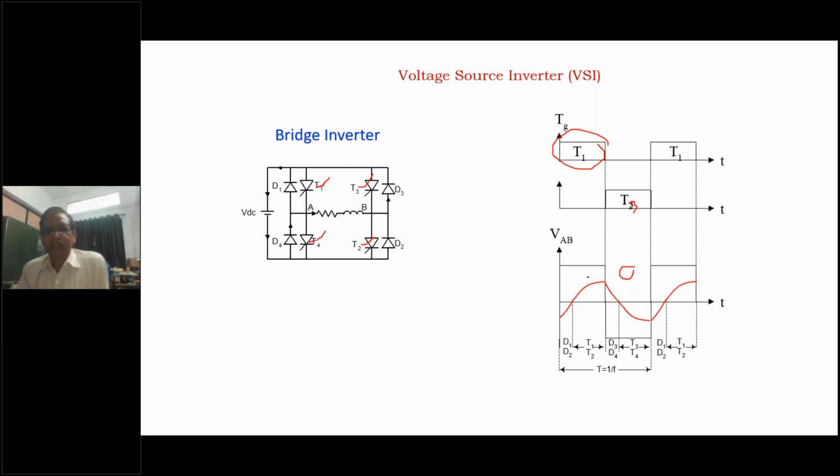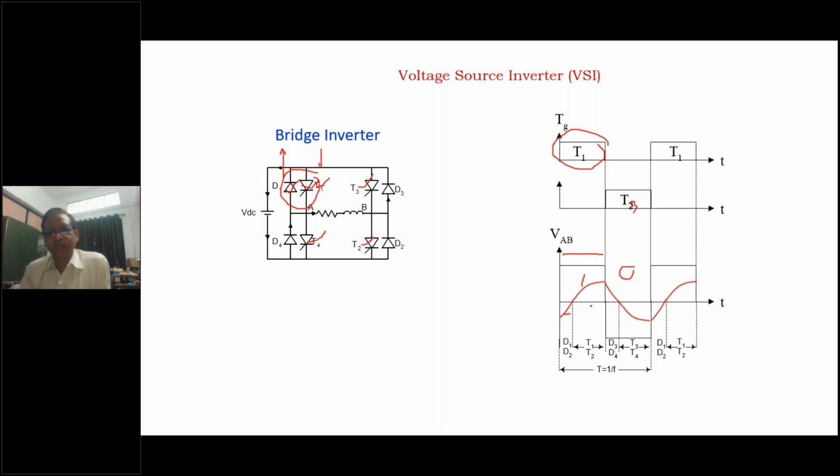Now you see in each half cycle, the current is positive as well as negative. So every switch must provide a path in the downward direction and in the upward direction also. When current and voltage polarity are opposite, the diodes conduct, and when voltage and current polarity are the same, the switch conducts.